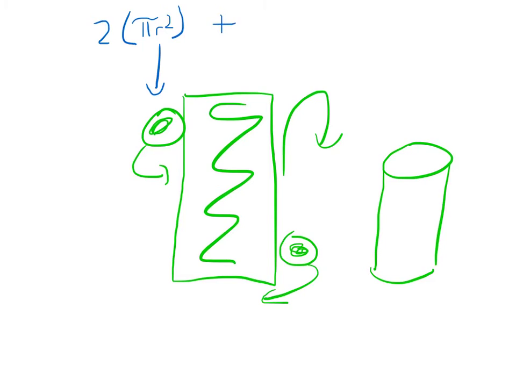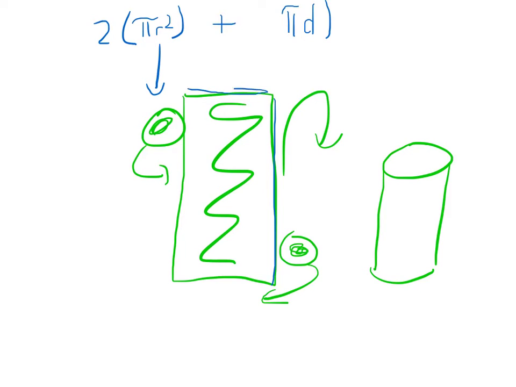Okay? And so we know that the circumference, so we'll add that over here. The circumference is going to be the diameter times pi, pi times diameter. And so that's just going to be the length of this side.